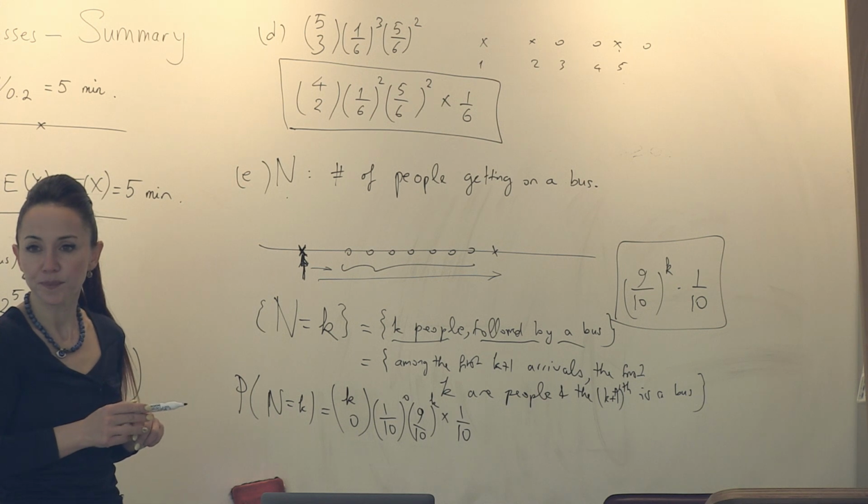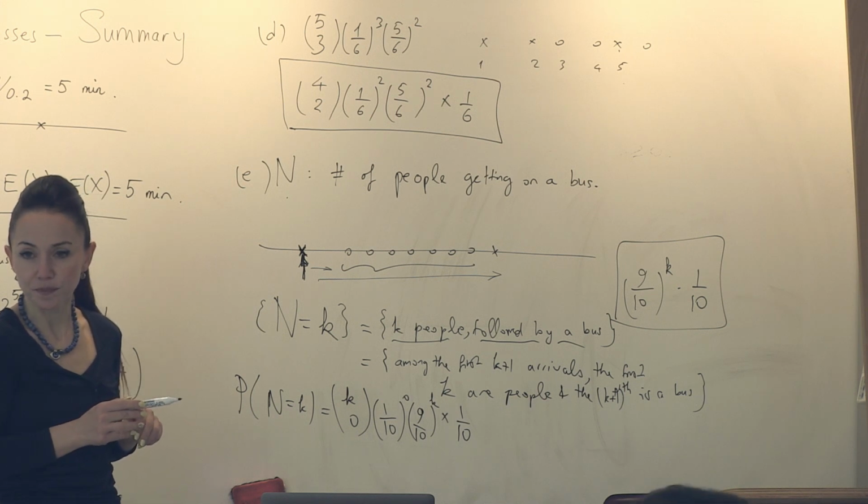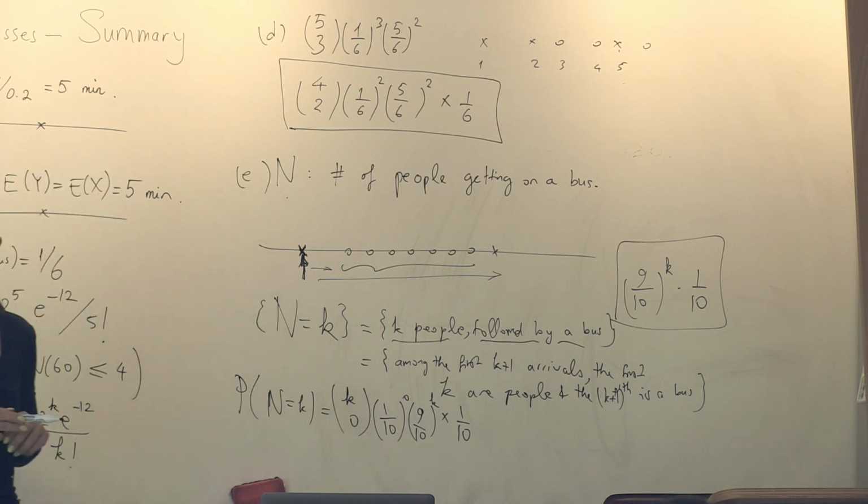But in order to guarantee that no people were waiting, shouldn't we multiply it with 1 over 10 too? Or maybe I just don't understand. I don't see the reasoning. Because we shouldn't have any other people waiting on the bus. Right. Waiting at the stop, so we should have a bus arrival before any people arriving. Right.